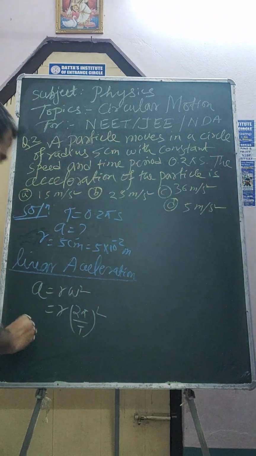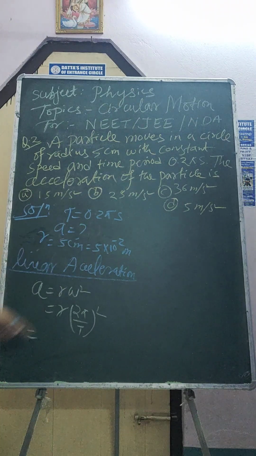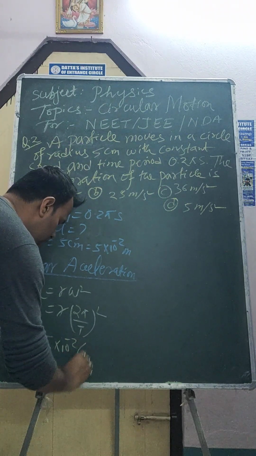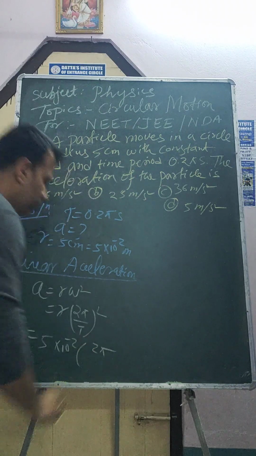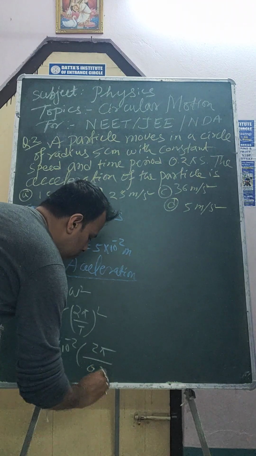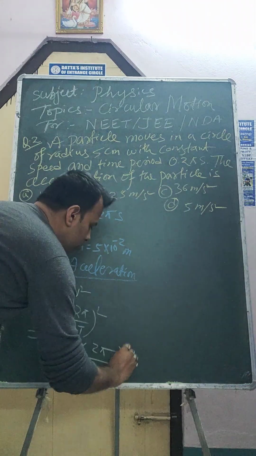Now put the value of r here. r is 5 into 10 to the power minus 2, and T is 0.2 pi. Whole square.